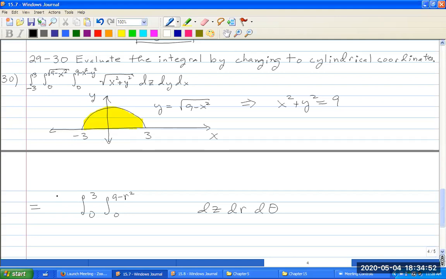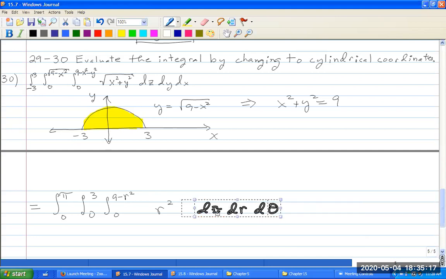And so this is just going to be the integral from 0 to pi. Now, what's inside here? Well, x squared plus y squared is just r squared. The square root of r squared is r. But I have always still multiplied by r, so this becomes r squared. So let's integrate this.